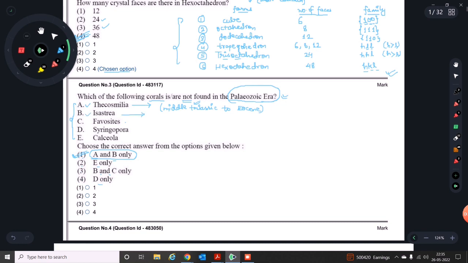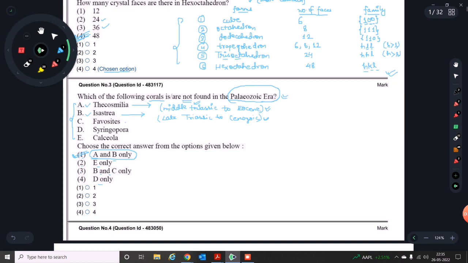Nevertheless, we will see one by one. Isastria belongs to late Triassic to Cenozoic era.